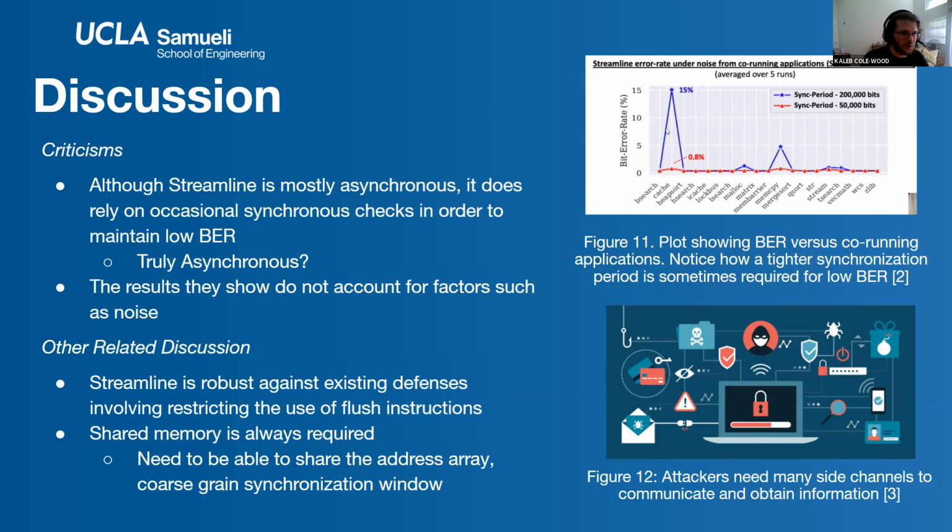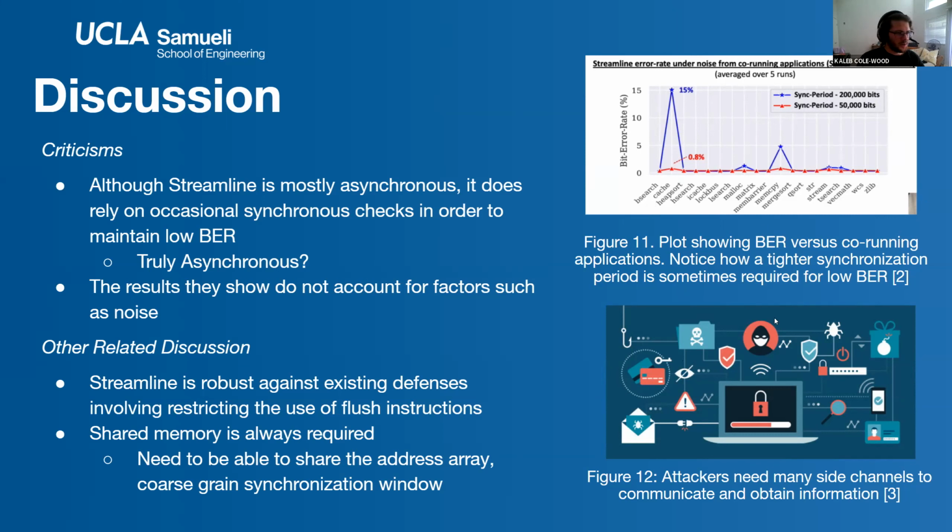Figure 11 over here shows that when we're running other applications in the background, the bit error rate tends to go pretty high. And they can alter the synchronization period, for instance, from 200 kbits to 50 kbits in order to reduce this, but it doesn't achieve the optimal metric that we had before.